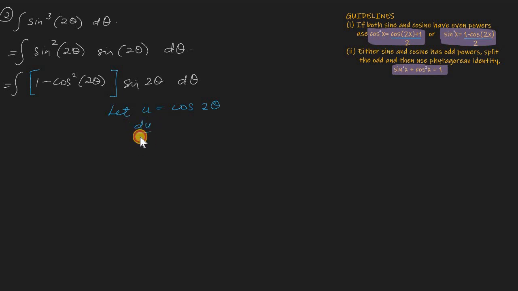So why don't you continue and substitute everything in terms of theta, change everything in terms of u, integrate, and then replace back in terms of the angle 2 theta. Let me give you about 5 minutes. Pause this video and try on your own first.